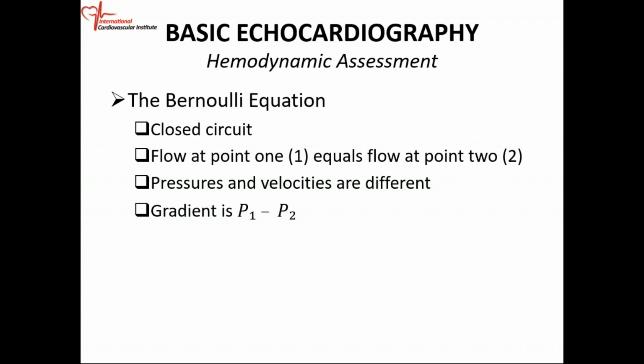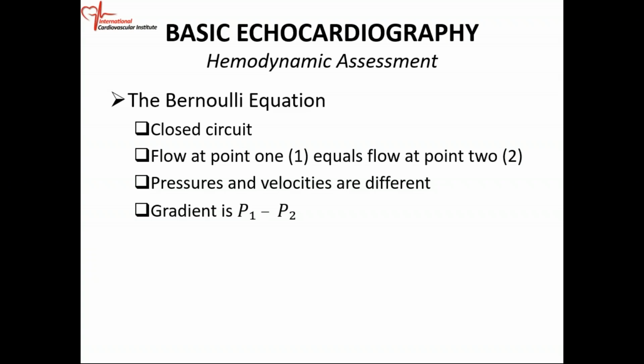If we have point 1 and point 2, and we want to discuss the gradient between them, it is the pressure difference between point 1 and point 2. Say you have a fluid flowing in a closed circuit, and it starts at point 1 and travels to point 2.